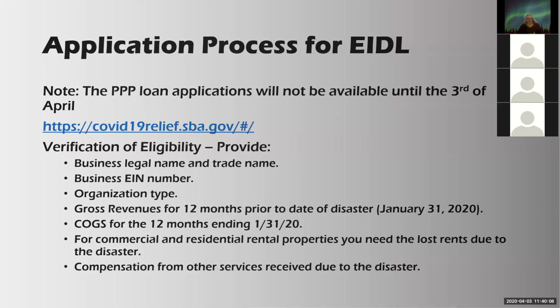So if you have a hurricane and your insurance is going to cover some of it, then you can't get the loan for it. Most people are not covered for a virus, so there's not very much that actually is coming in. However, if you are receiving a grant or a loan from a local government agency, then that would have to go in here.